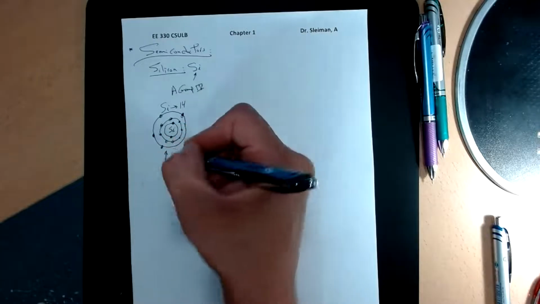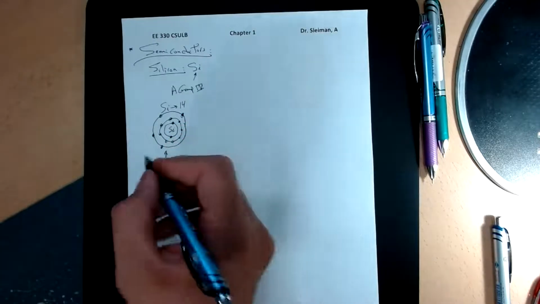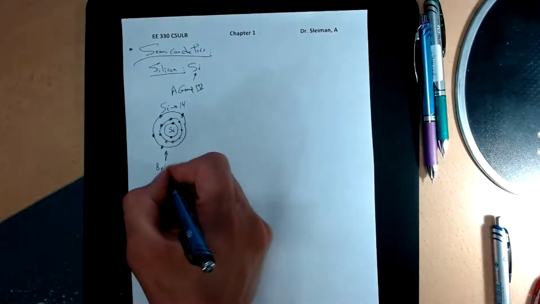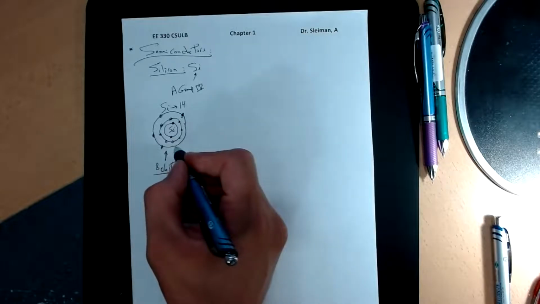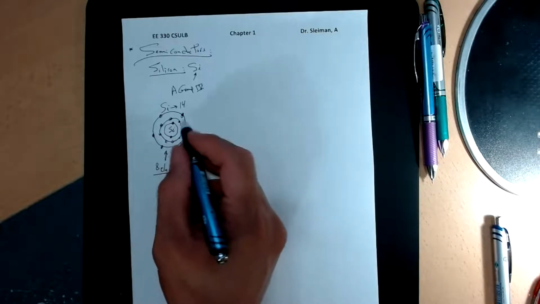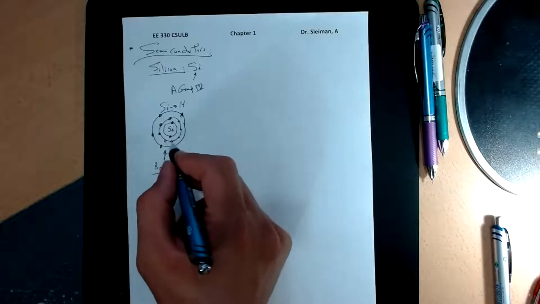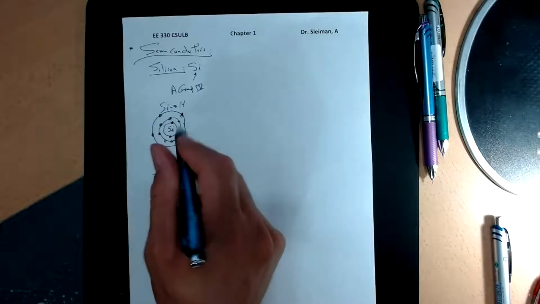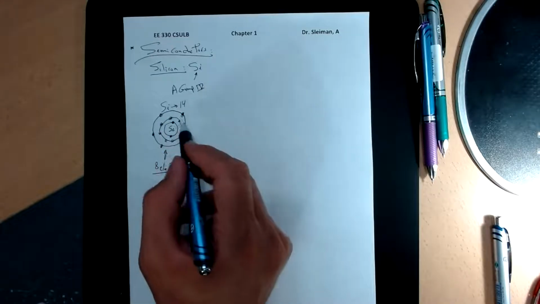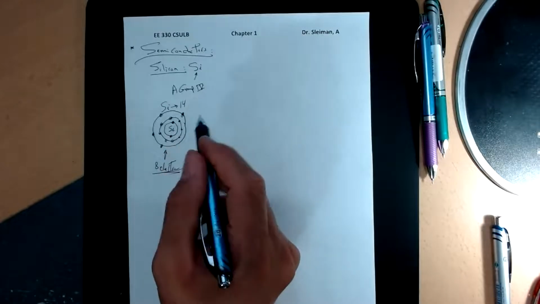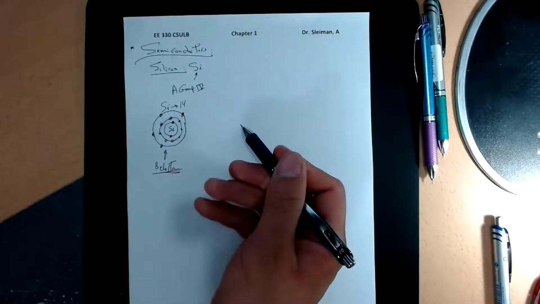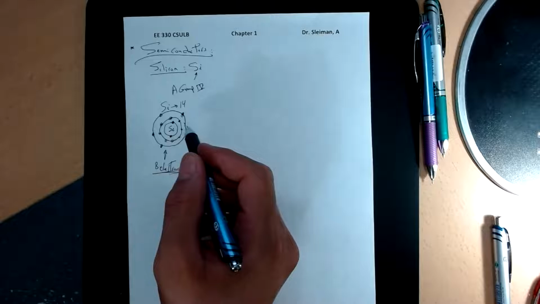And this is what is called the valence shell. The valence shell could hold up to 8 electrons, so the more stable, the more satisfied, the better energy level. That's why silicon has 4 and the other one has 4 empty, so they will bond with each other.